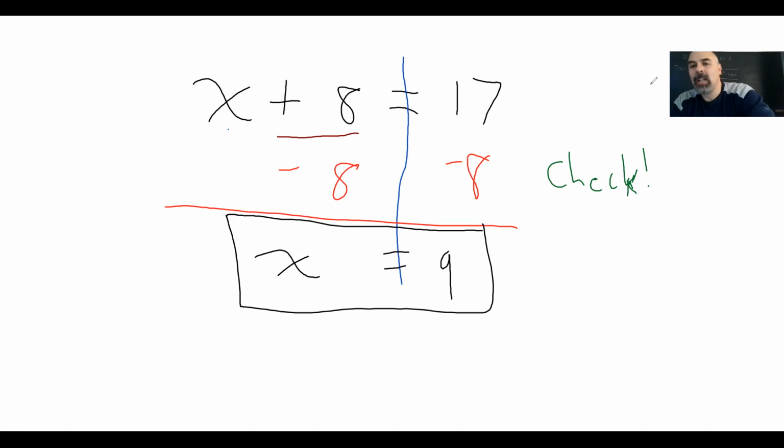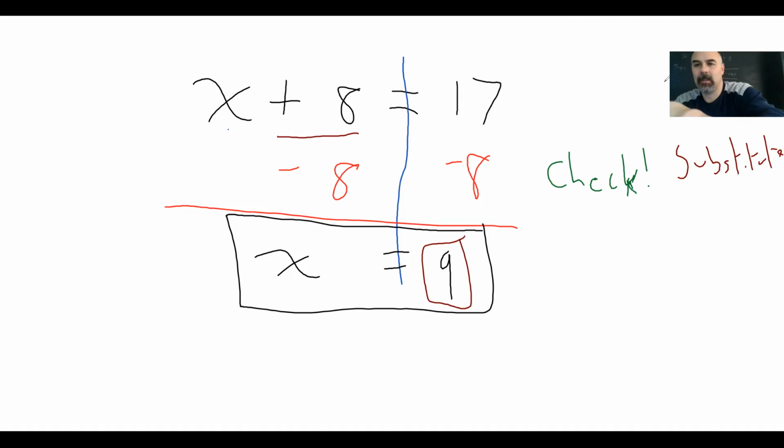Well, by checking, we're going to substitute. So substituting, I'm just going to take this value and substitute it for x. Why can I do that? Well, x and 9, it says right there that they're equal. So I can do that.